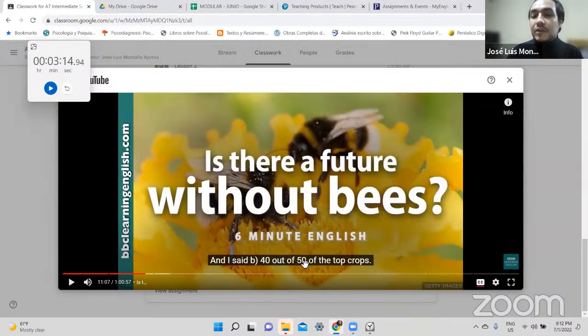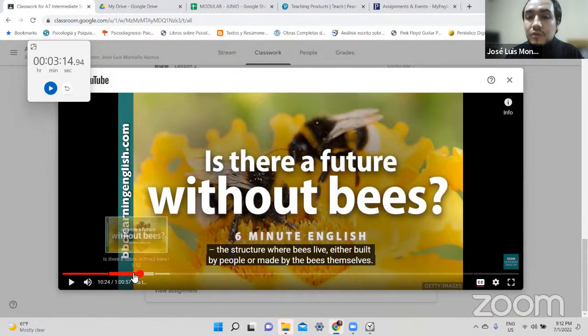This expression is also very interesting, right? 40 de 50, 40 out of. So you can say 7 out of 10 people prefer to study this than that, right? Out of. So those are words that I wanted to check.